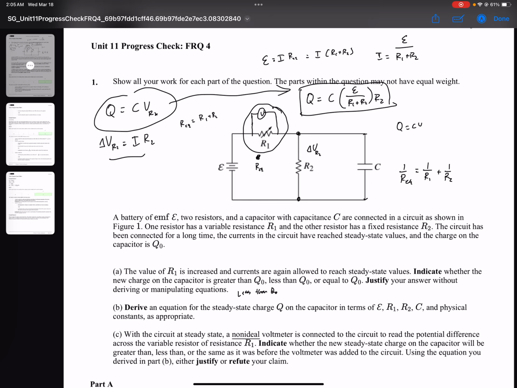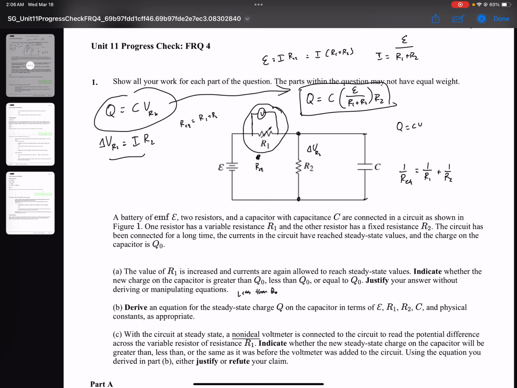So a non-ideal voltmeter effectively is going to decrease the resistance of this part of the circuit. And if the resistance of this part of the circuit decreases, then the voltage drop across this part of the circuit also decreases. And if the voltage drop across this part decreases when connected to the battery, then the voltage drop across the capacitor has to increase, right? So it's basically the opposite reasoning from part A.